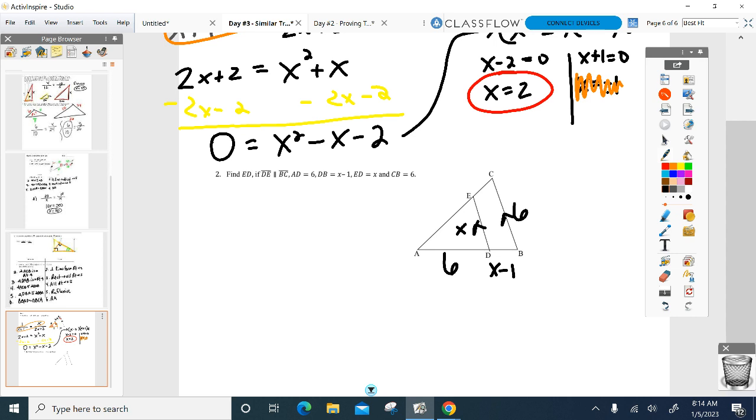X minus 1 should not show up in your proportion. That's not a side, not a full side. Everyone watching at home, here's the final answer.